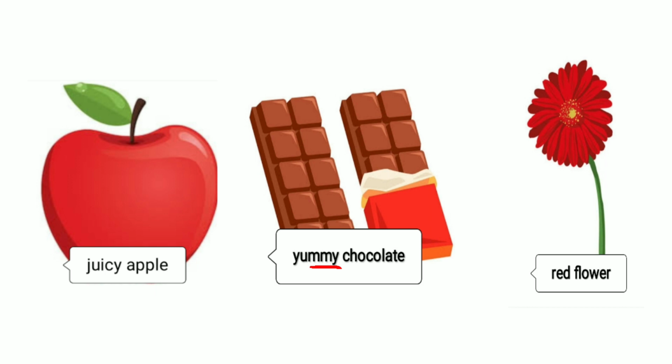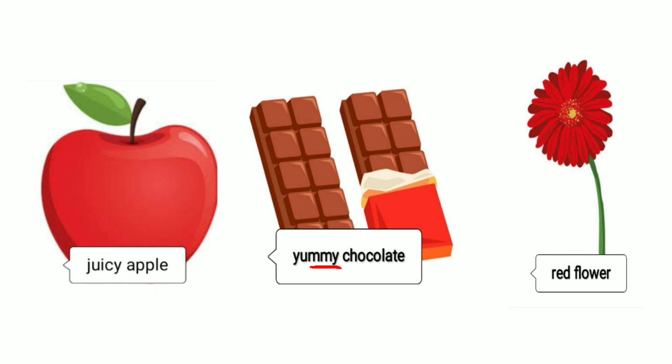Understood children? Here apple, chocolate and flower are the naming words. For these naming words we are going to describe them, or tell more about the naming word. So the words which we are using to tell more about these naming words are the describing words.